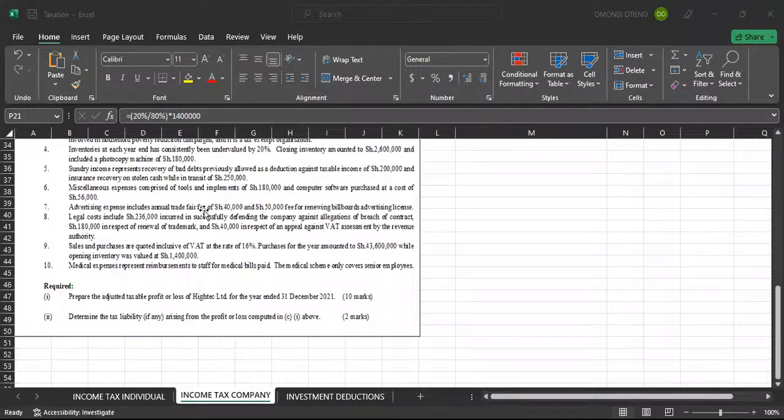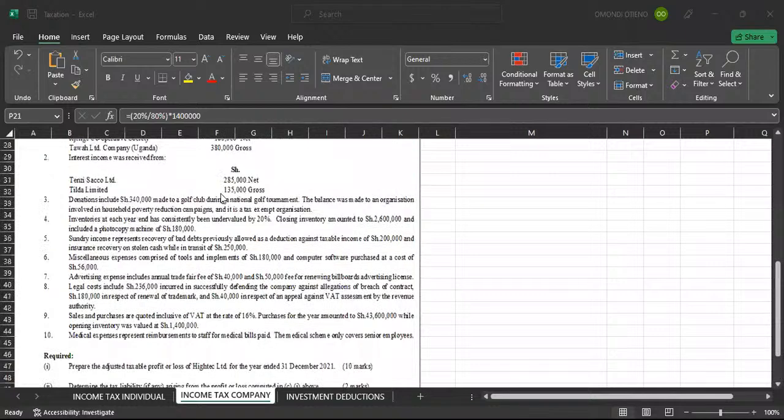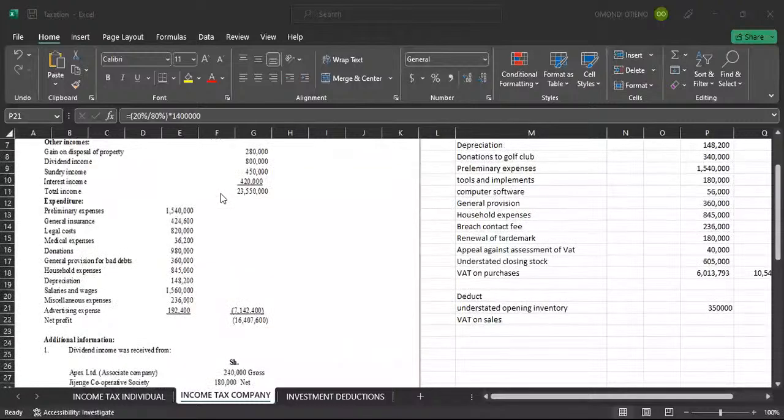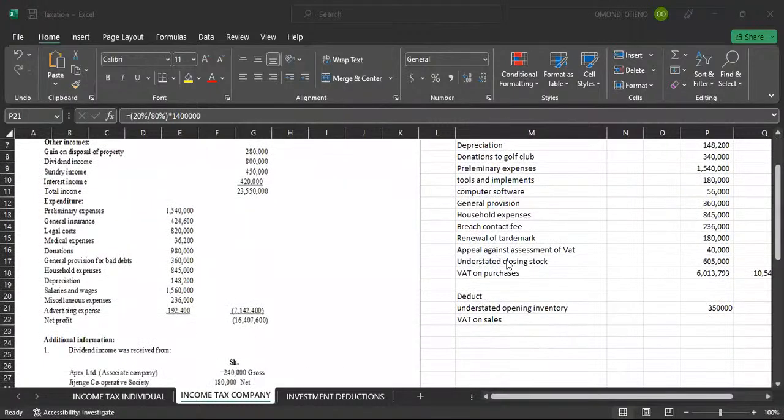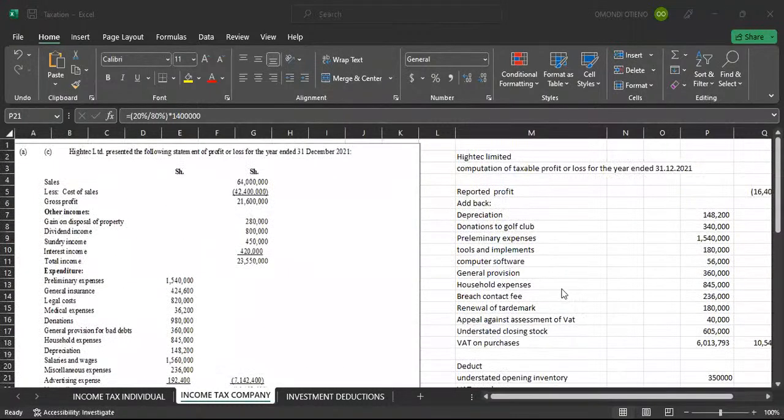The value for sales, do we have it? The value for sales is given up here as 64 million. So we want to deduct, remember the income which was recorded here included the VAT amount.